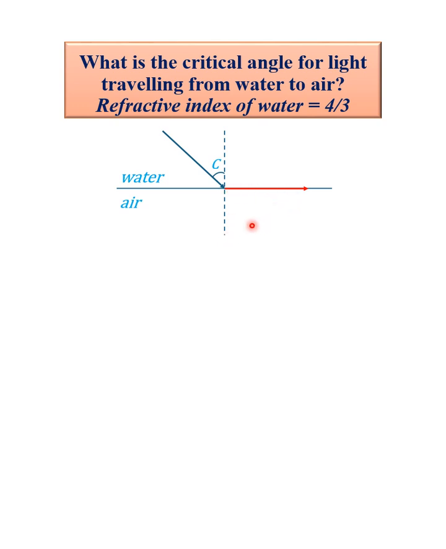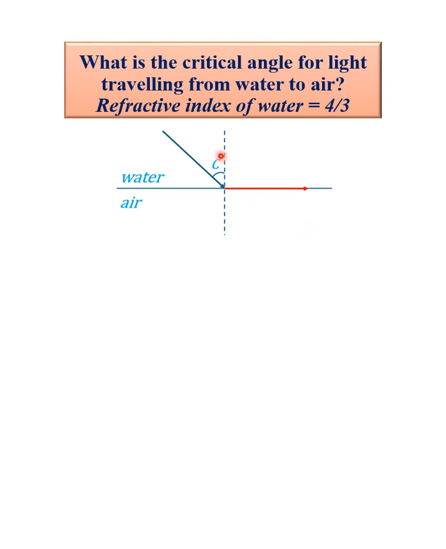Let us go back in time looking at refraction. If the incident ray was traveling somewhere in between this incident ray and this normal, somewhere here, when it gets to this point, it will be refracted away from the normal in this direction.